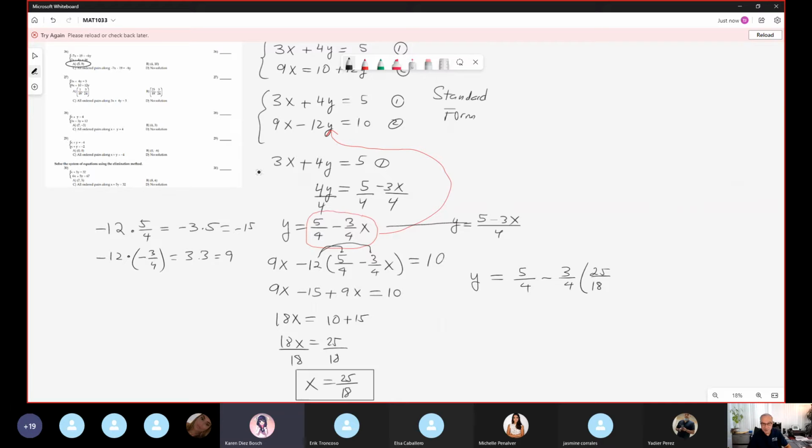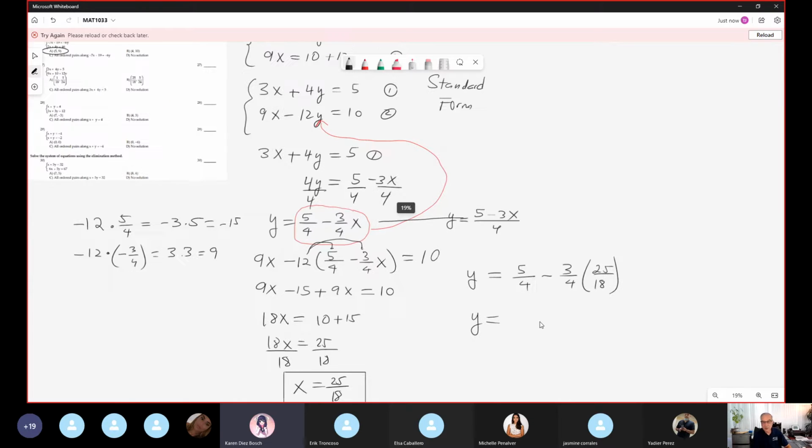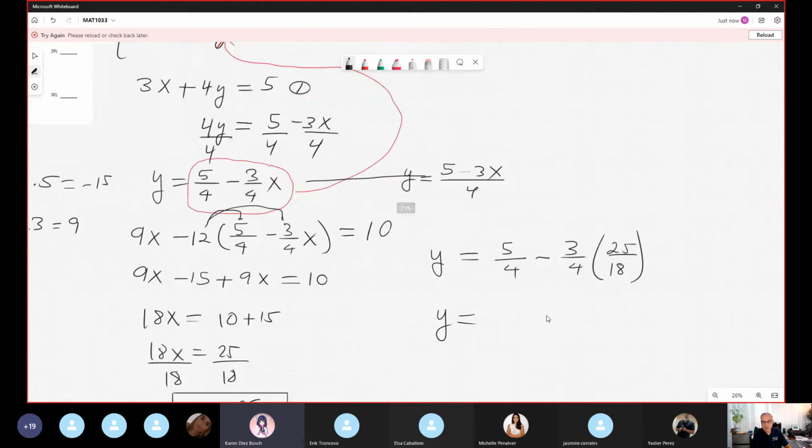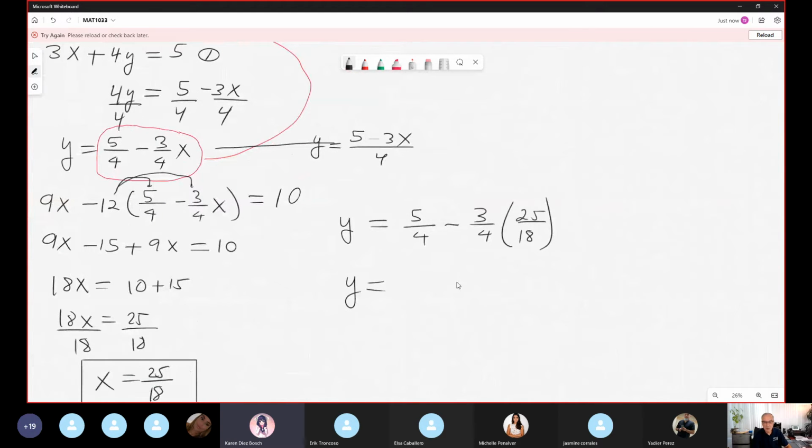Wow, it's crazy. Okay, no big deal. Remember, multiplication first. 3/4 times 25/18. And it's obvious it's 75 on top. So you multiply top, bottom, 18 times 4 is 72.